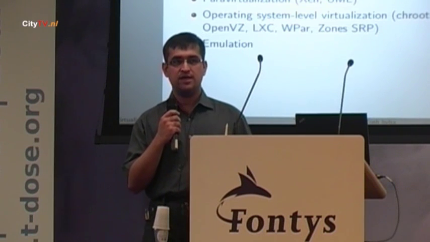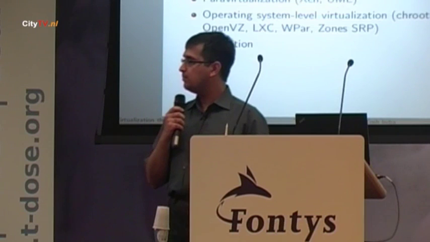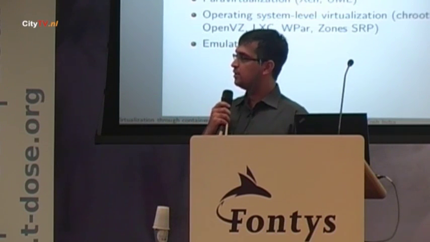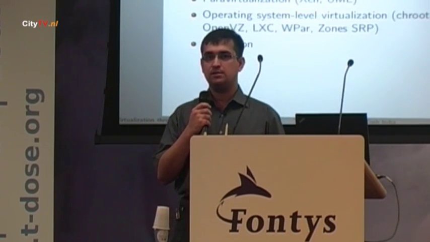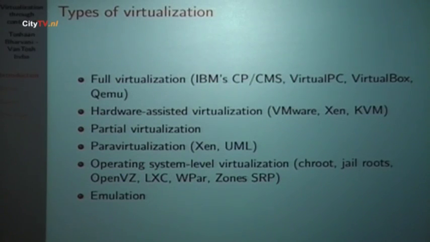HP Unix has their version of it. IBM has their version of it. The most commonly used in the Linux world used to be OpenVZ. LXC and OpenVZ are quite similar on many points and a little bit different on a few points. And then you have, of course, emulation, which basically allows you to run any type of emulated environment on a machine.